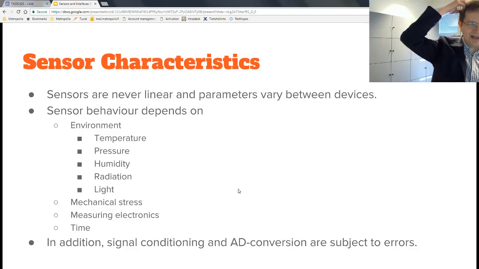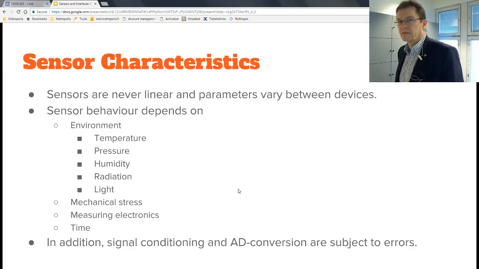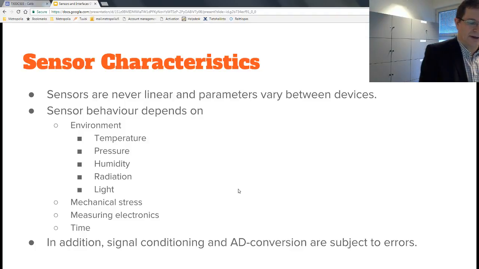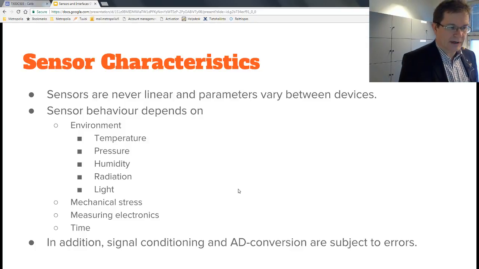So basically, just a reminder what we are talking about. We are talking about how to first find the sensor characteristics and then use those to find a better value for the sensor than what the plain calculation gives. We have lots of error sources in the system.